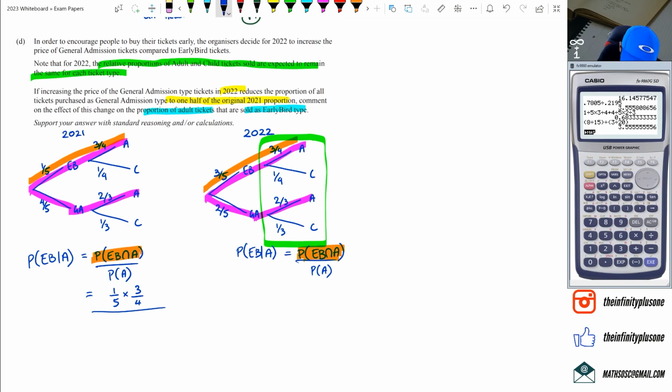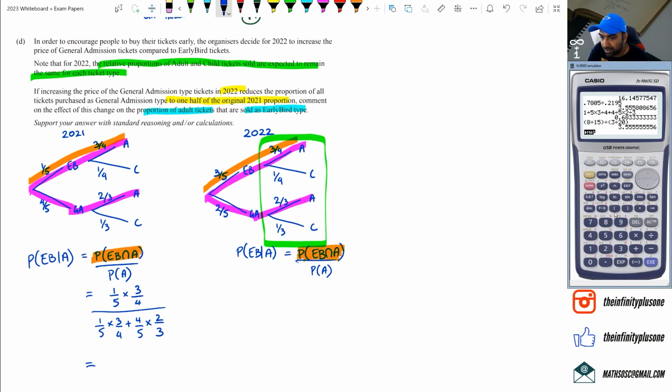With the pink line, for 2021 we had already worked it out, but I'm still going to write it down here, which is 1/5 times 3/4 plus 4/5 times 2/3. I'm going to work that out first so that we don't mess things up.